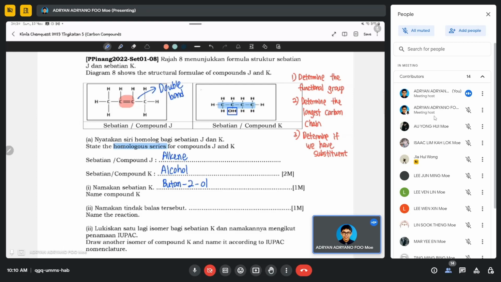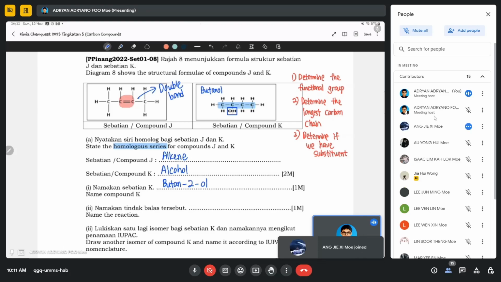So we know that the prefix is but. Okay, so 我们知道它的 general 名字是 butanol. 这个是它的 general 名字。但是我们不可以写 butanol. Because we see here that the OH is at the second carbon. 为什么是 second 不是 third? Because you must make sure that your functional group must be numbered with the lowest carbon. 一定要最低的那个 carbon.